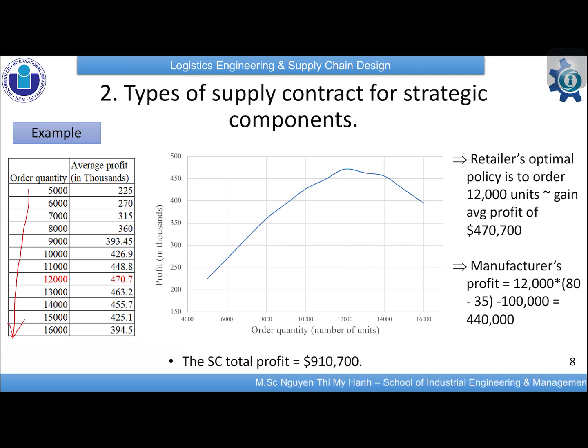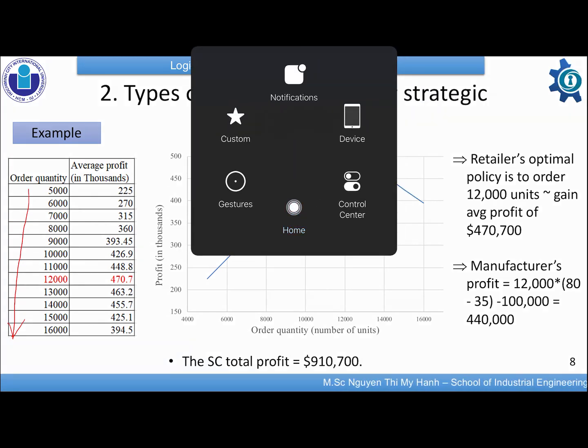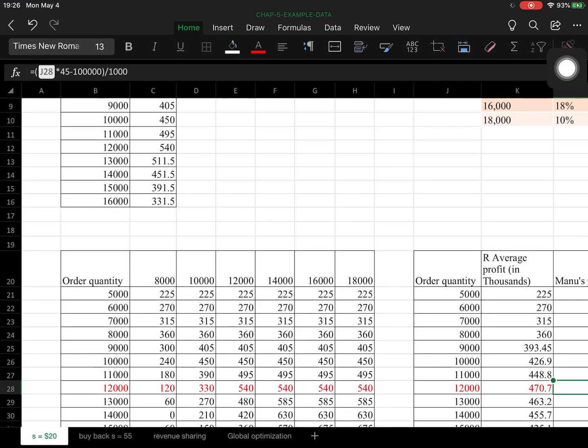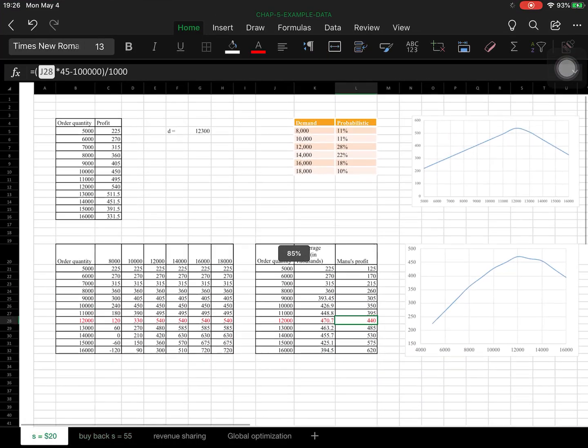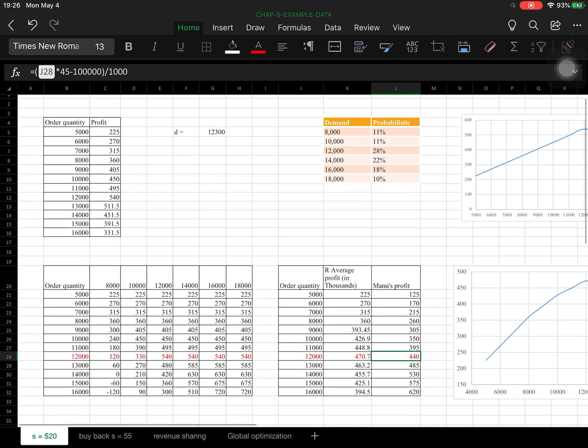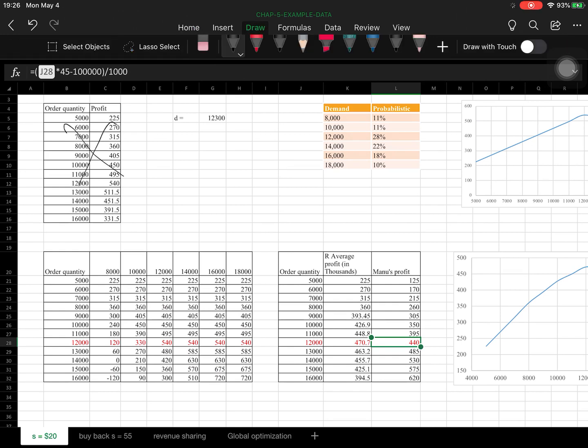Because it's a multiple of 1,000, it has to be divided by 1,000. So here, this one you already did before, so it will be easy. We don't care about this.